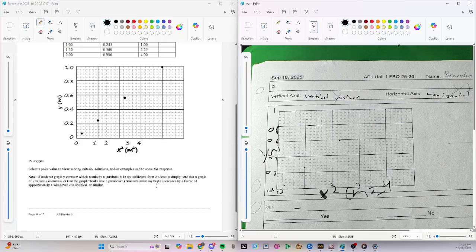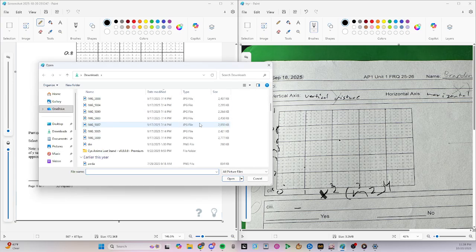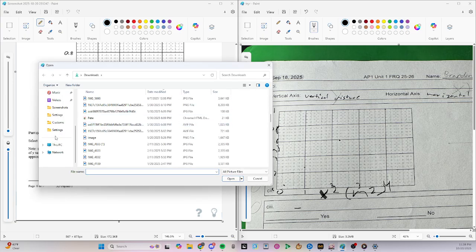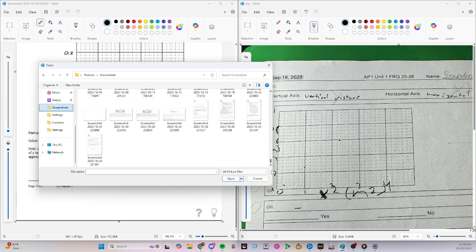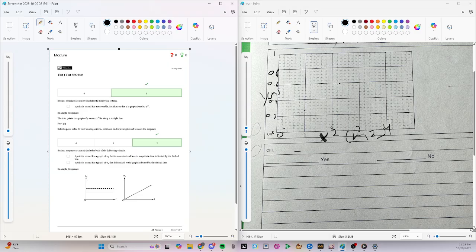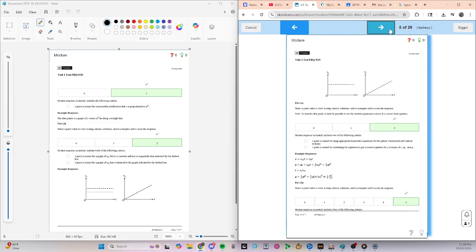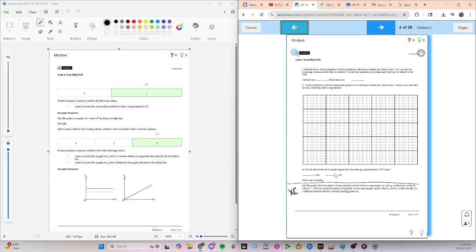And then the final question is: does the data in the graph above support the claim that y is proportional to x squared?